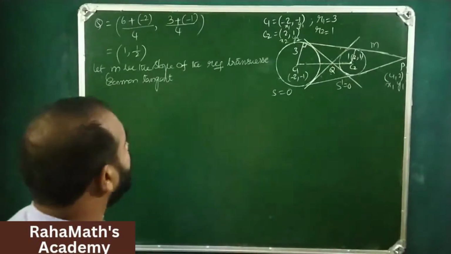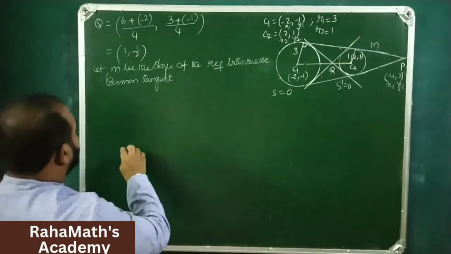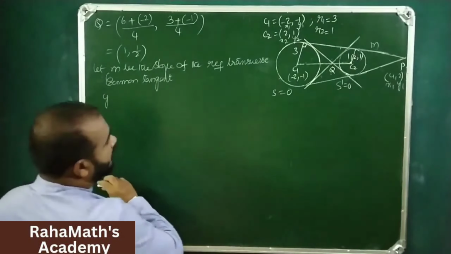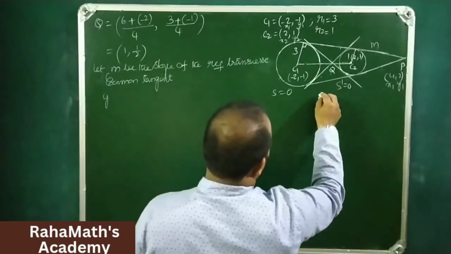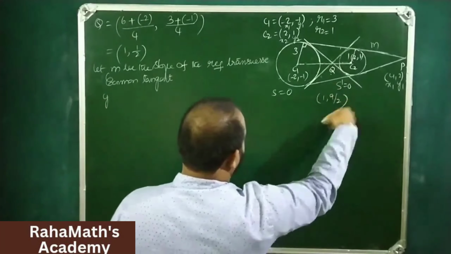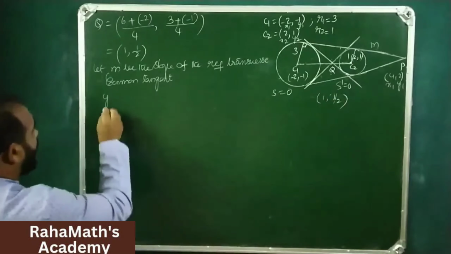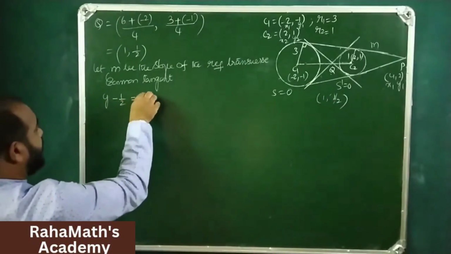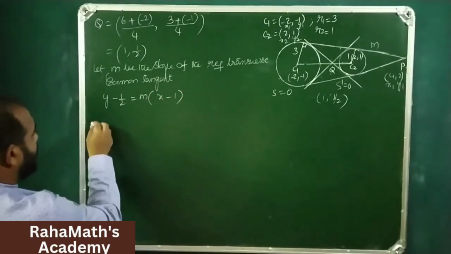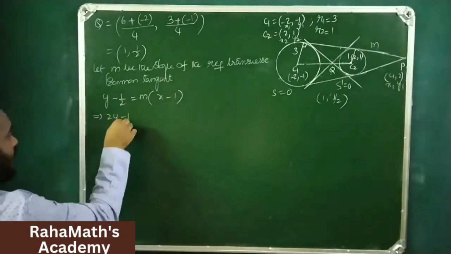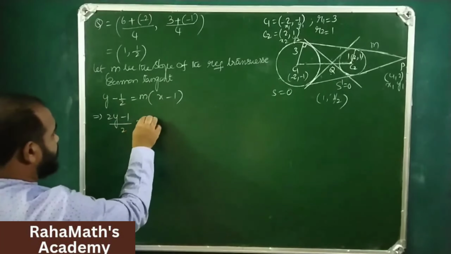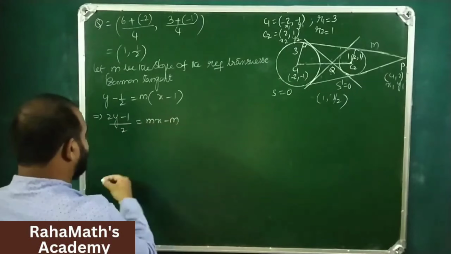Okay, good. So now, this is passing through 1 comma 1 by 2. Y minus 1 by 2 equals m into x minus 1. So 2y minus 1 by 2 is equal to mx minus m.